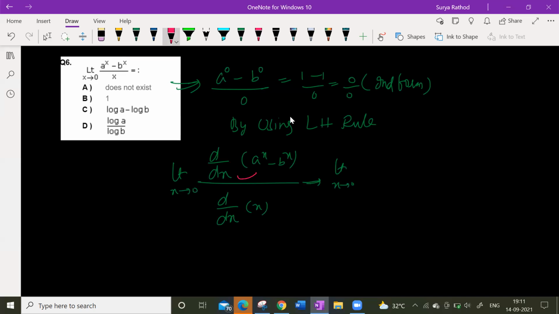How many of you know d by dx of a power of x? The formula is what? Log a base e. No, a power of x into log a. I know that you will say that. Yes, sir, a power x into log a.